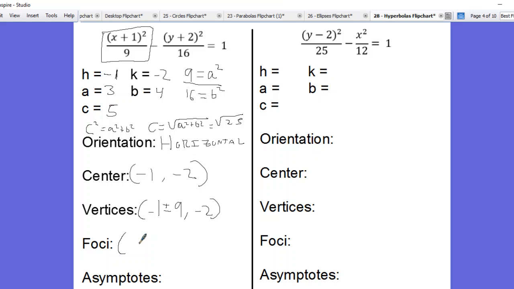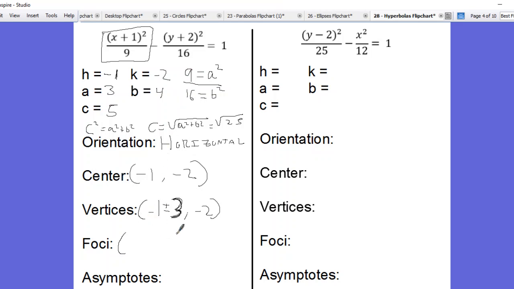Our foci are going to be -1, oh, and I'm so sorry. a squared is 9, a is 3, so it's -1 plus or minus 3. So erase that, that's -1 plus or minus 3, because a is 3, not 9, a squared is 9.